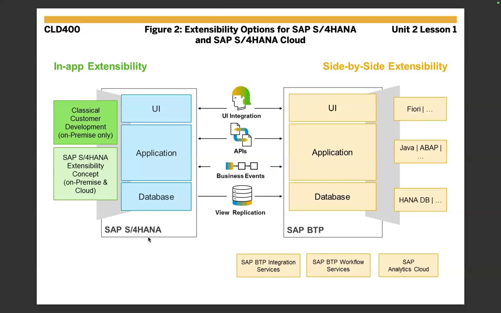What is the basic difference between S4 HANA cloud and S4 HANA on-premise? If it's S/4HANA on-premise, it's our own database. But when it comes to cloud, we can launch our database in Amazon Web Services or Azure.